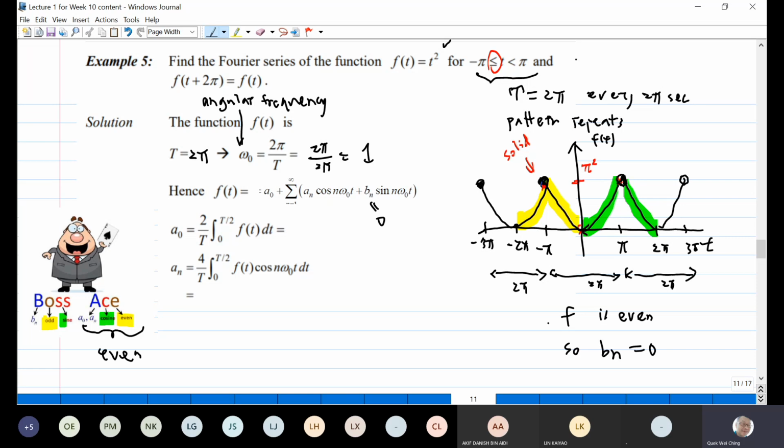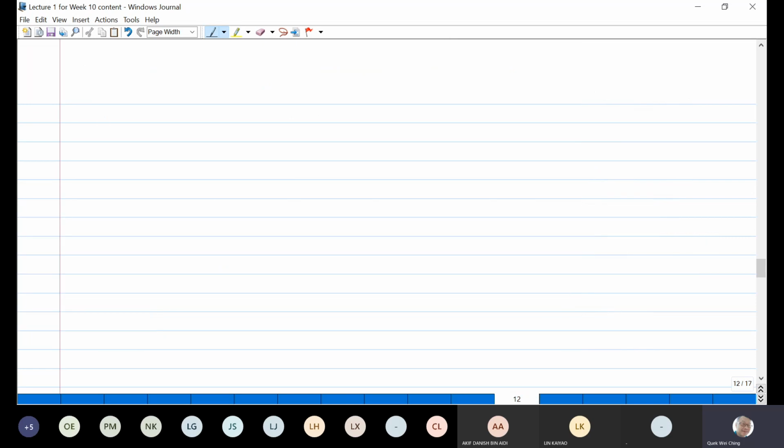So I take this picture for you so that you have better understanding. I'm going to find the formula for A0 now. Go to the next page to find A0. I need some space, so I'm going to insert a page here.